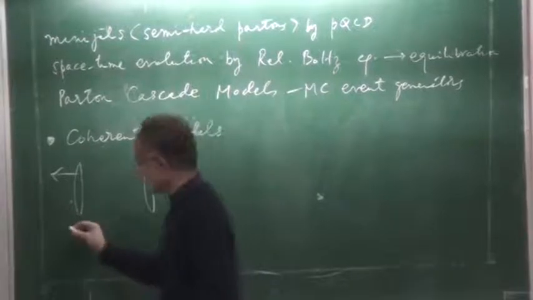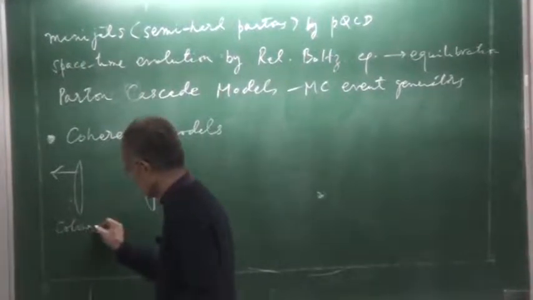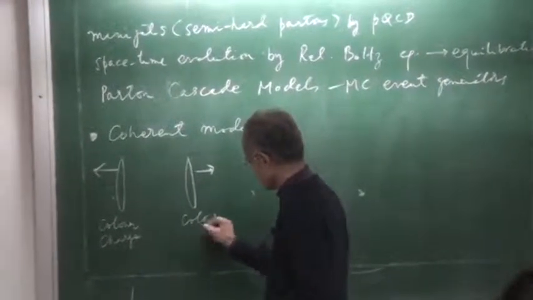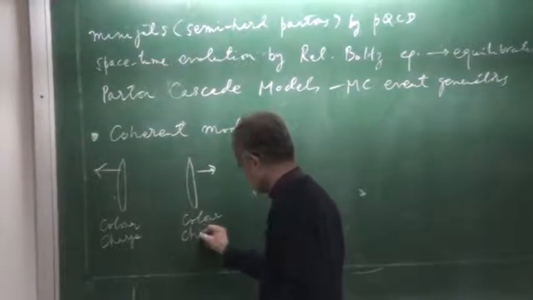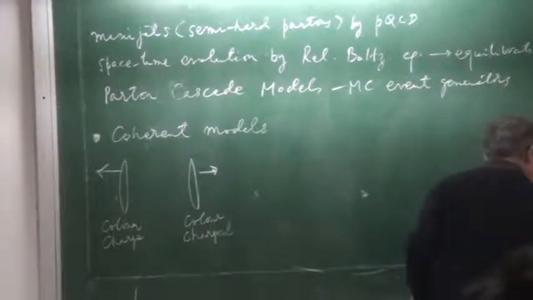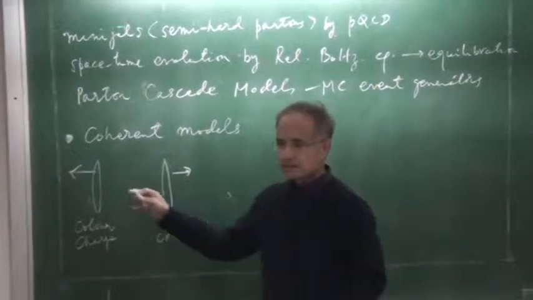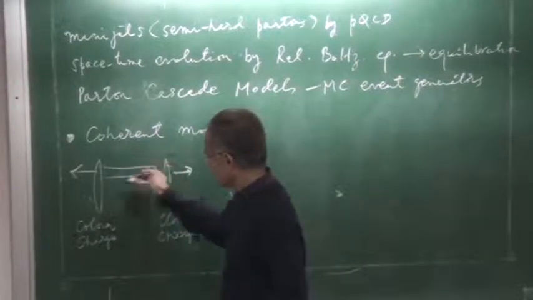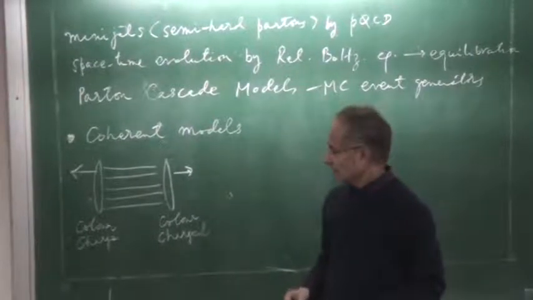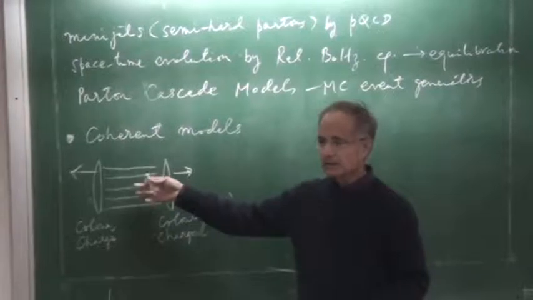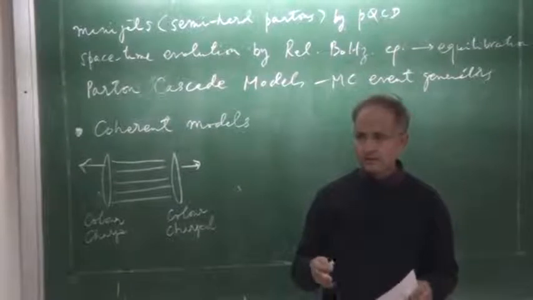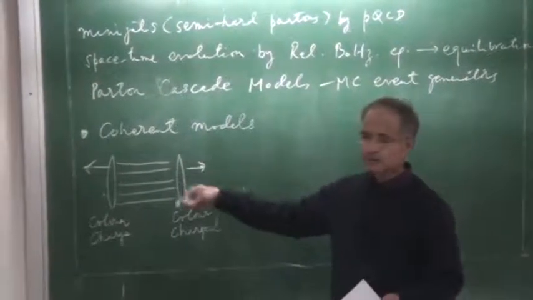They acquire color charges. Both are color charged, and as a result there are strong electric fields. And these strong electric fields, color electric fields, decay producing quarks and antiquarks. That's how the particles are generated.